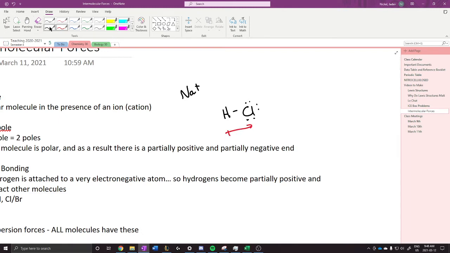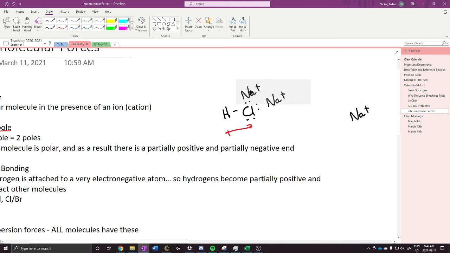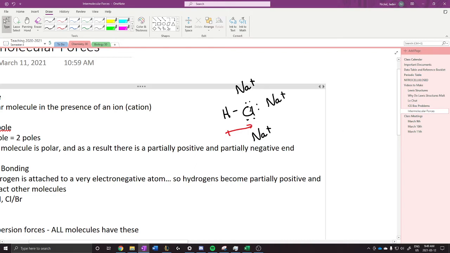And so what'll happen is this sodium will actually drift over closer to this chlorine. And if there's a bunch of sodiums in that solution, we'll start to see that those will surround that chlorine like this and create a network of all the positive things surrounding that negatively charged thing.